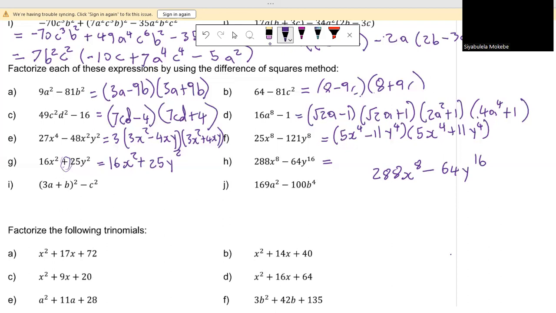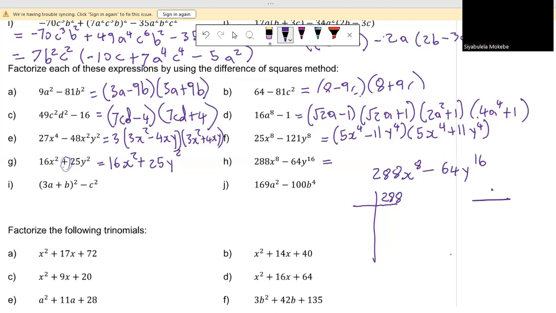So what is the highest common factor there between 288 and 64? I don't know. So let's prime factorize very fast.